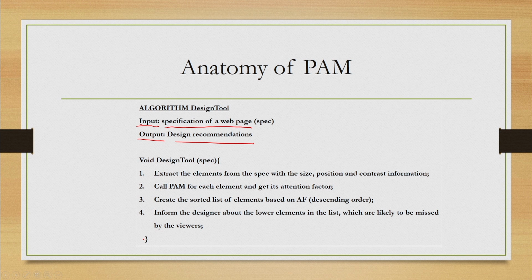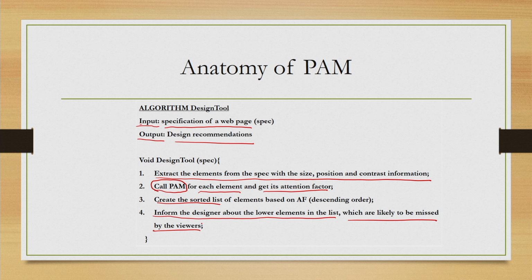Now, there are 4 steps that this algorithm performs. It first extracts the elements from the spec with size, position and contrast information. It calls PAM for each of the elements and gets the attention factor computed. Then it creates a sorted list of the elements based on the AF, and finally, based on the sorted list created, it informs the designer about the lower elements in the list which are likely to be missed by the viewers.